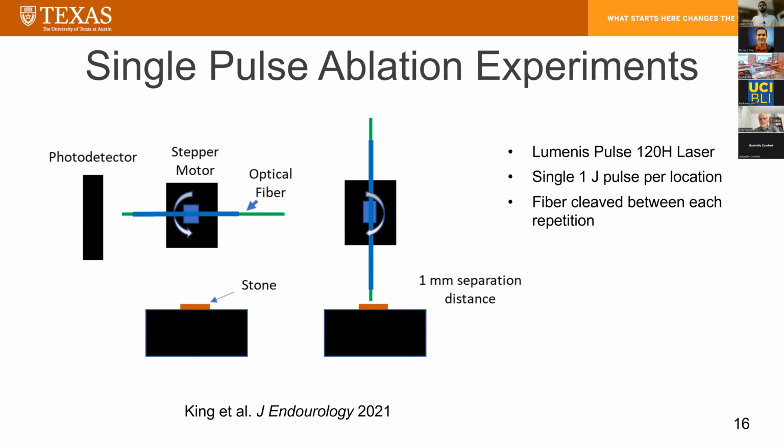We did this with 1 joule pulses per location using, again, a holmium laser from Lumenis. And we cleaved the fiber between each repetition to make sure the amount of energy delivered was consistent.